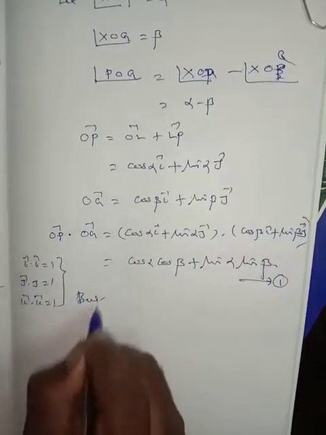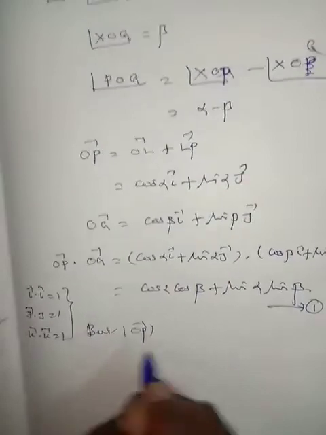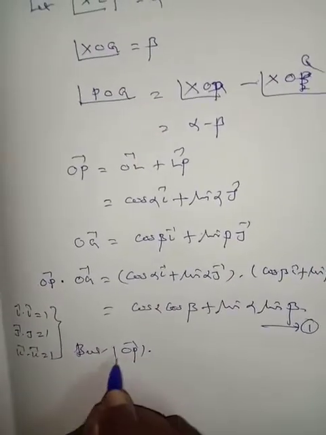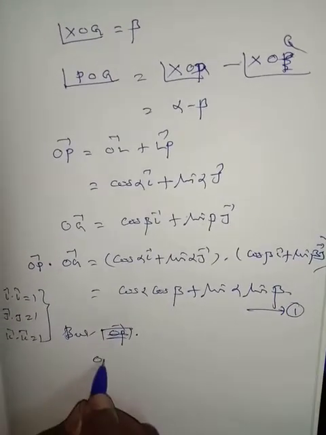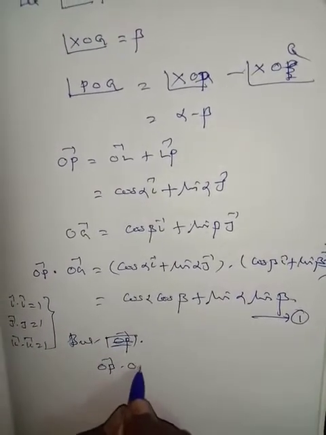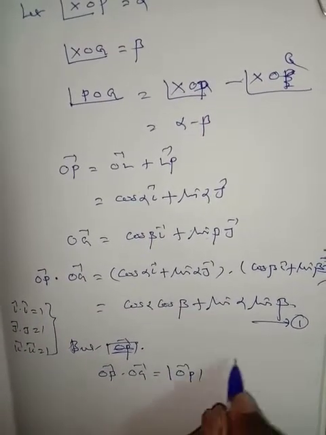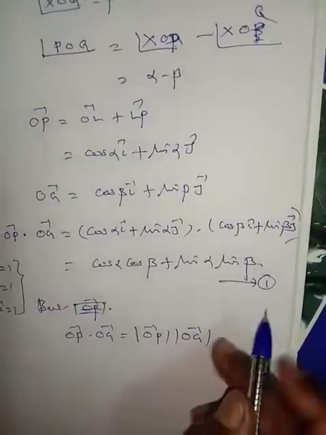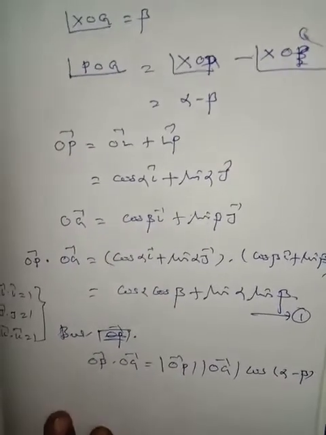But OP vector dot OQ vector is equal to magnitude of OP vector, magnitude of OQ vector into cos of alpha minus beta.